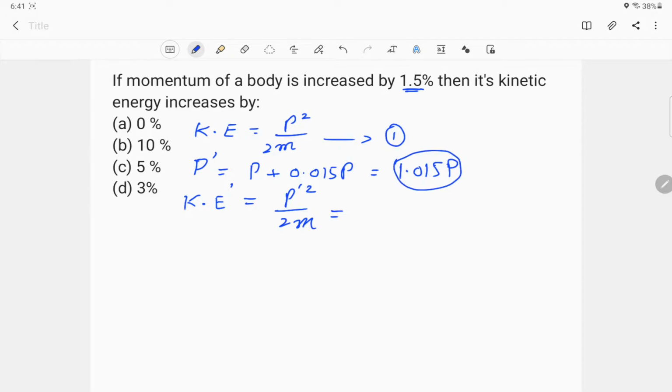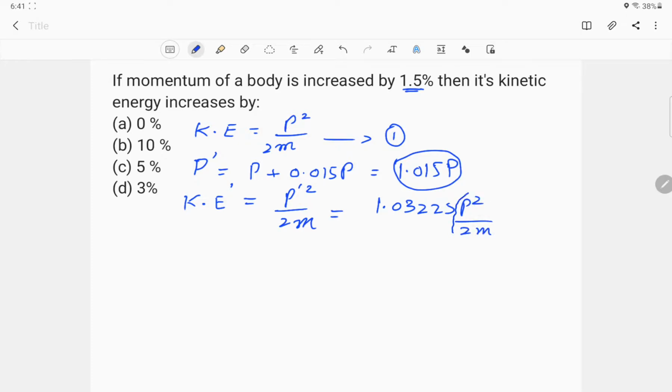When we determine the square of 1.015, the square of this will be 1.030225. So it is 1.030225 P square over 2m.